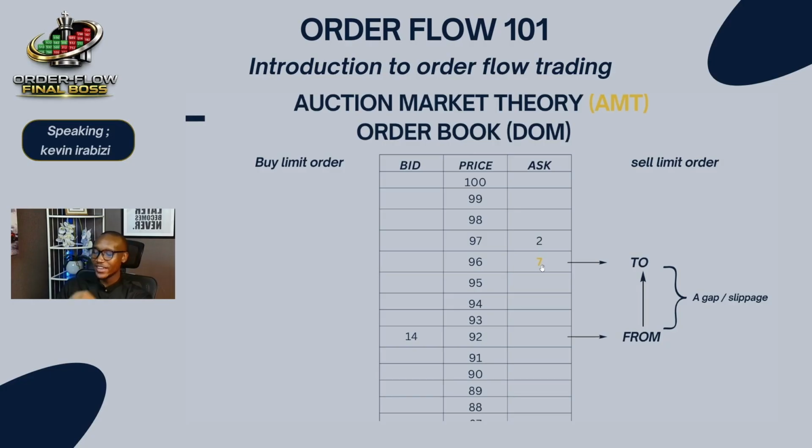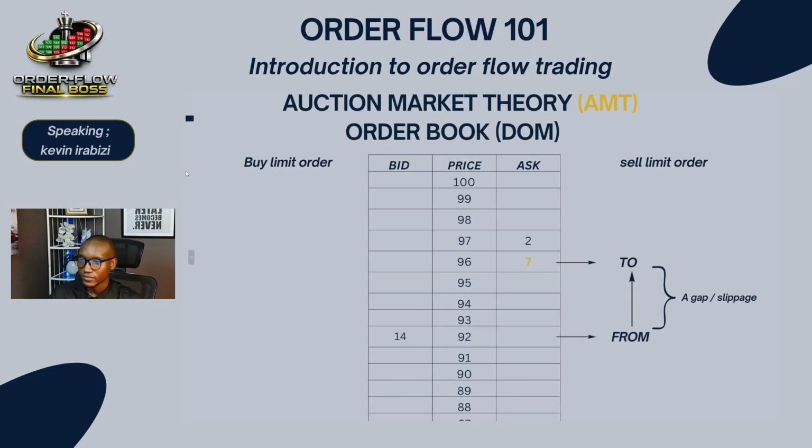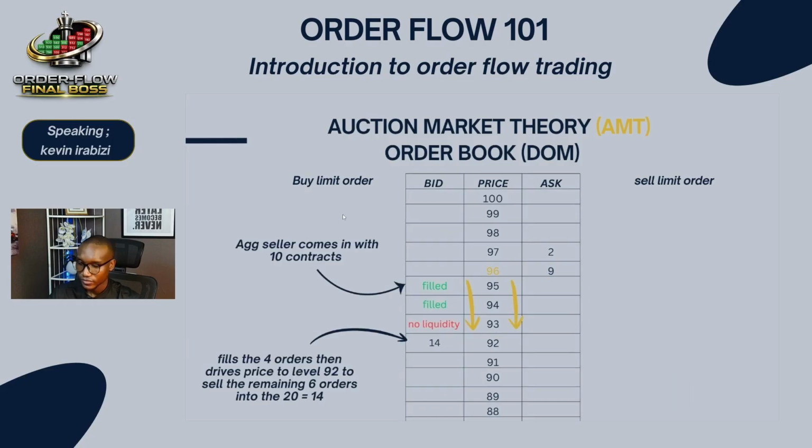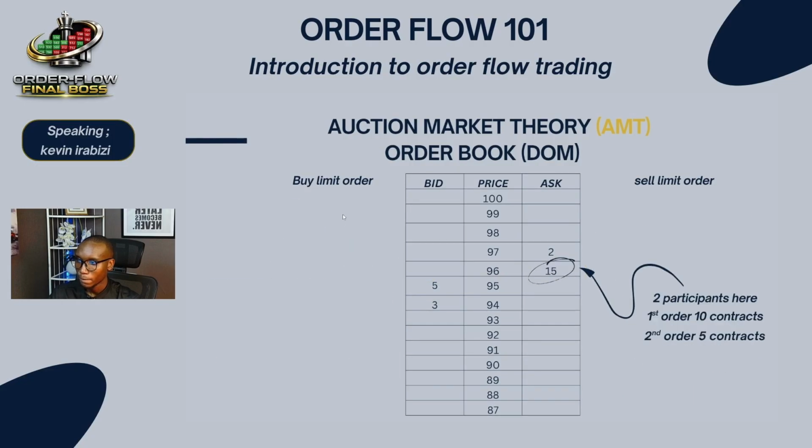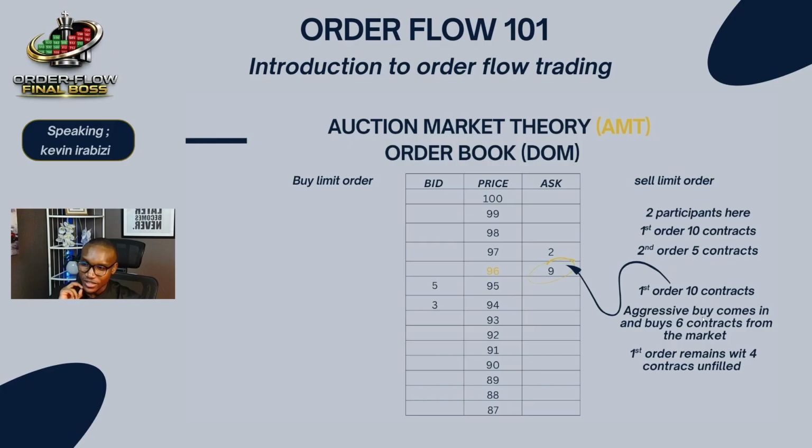Now let me rewind back something. Remember, we had 2 orders at price level 96, and the first contract got filled in with only 6 contracts. So he remained with 4 contracts unfilled, then 5 contracts from the second trader.